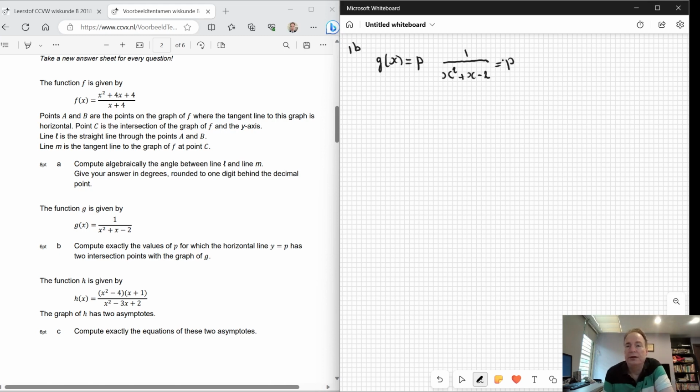So let's just do the cross calculation, right? If A divided by B equals C divided by D, that is equivalent to AD equals BC, provided that B is not equal to 0 and D not equal to 0.